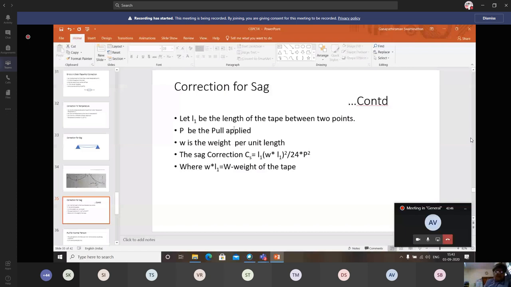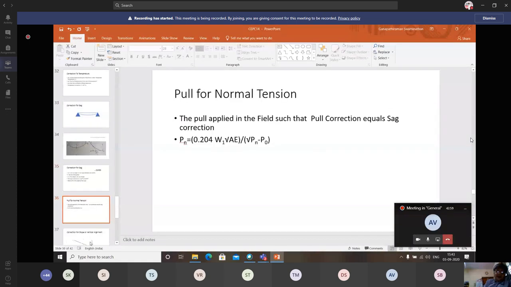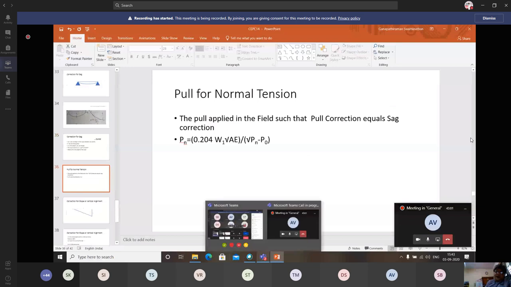So what have we learned today? We have learned pull correction, correction for temperature, and shock correction. Shock correction is negative. Then we have the pull for normal tension: you apply a pull in the field in such a way that the pull correction is equal to the shock correction.